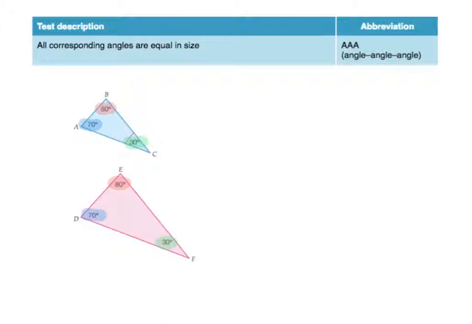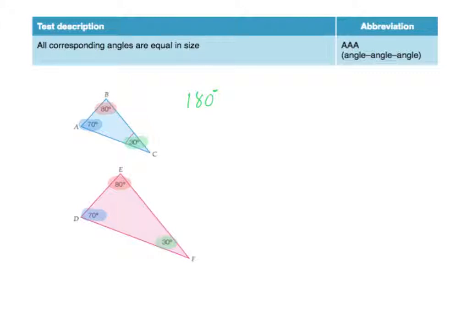It's important to remember that when we're dealing with triangles, all of our angles in a triangle add up to 180 degrees. So if I've got 2 angles that are the same, but I don't know what the third angle is, I can still use the angle, angle, angle rule because I know that the third angle is going to have to equal the same in both triangles because the other 2 angles do.